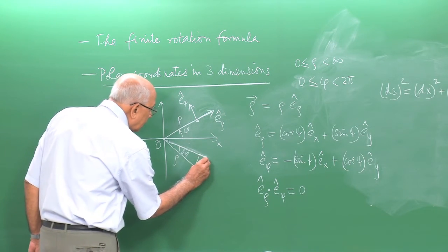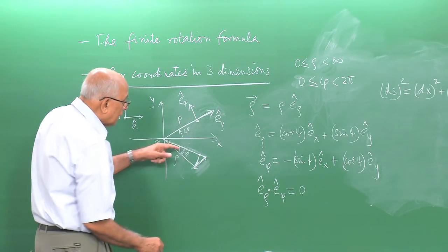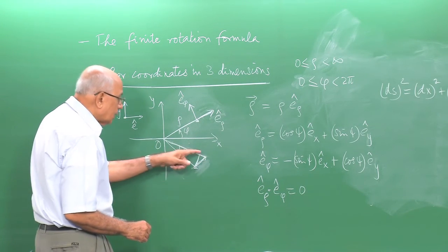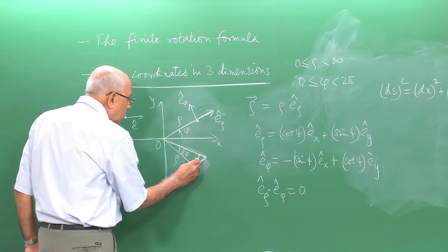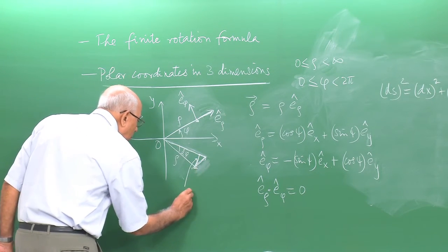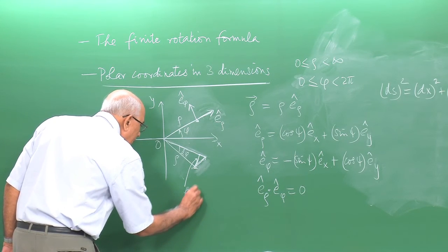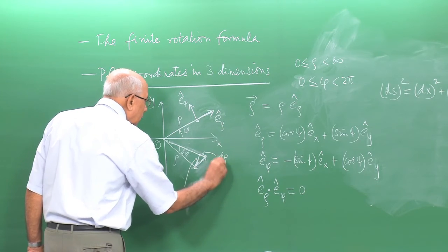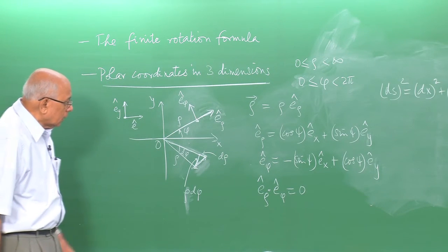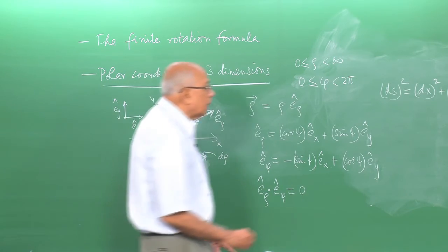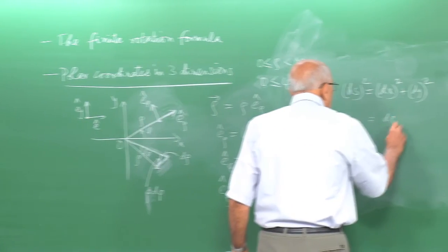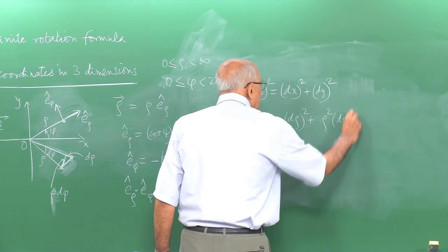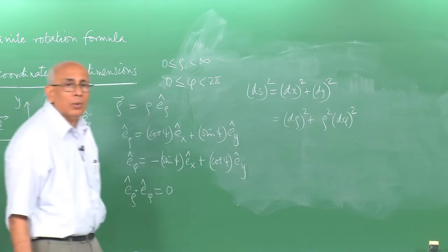It's equal to the sum of this square plus this square. This portion is purely due to the increase of rho, so that's d rho. On the other hand, this quantity here is rho times d phi. Therefore, the square of the line element can also be written as d rho squared plus rho squared d phi squared in plane polar coordinates.